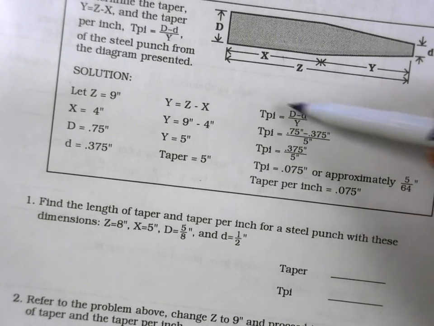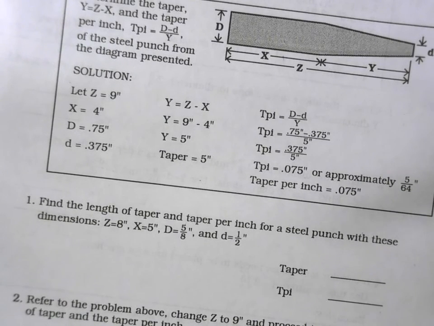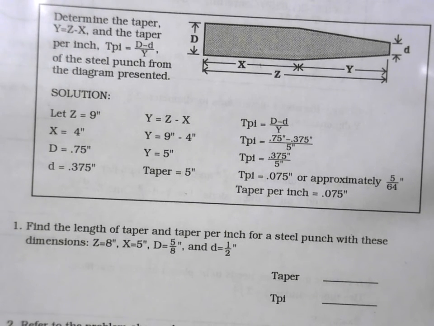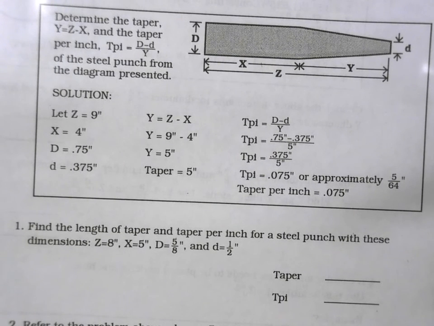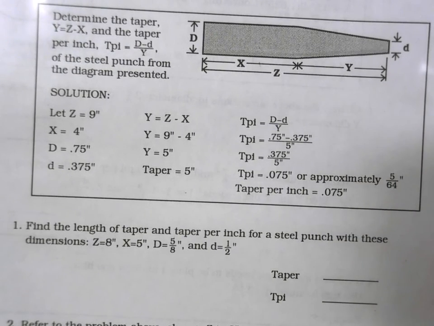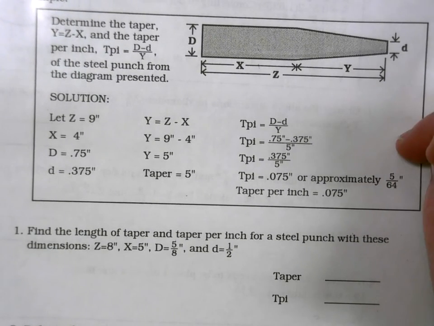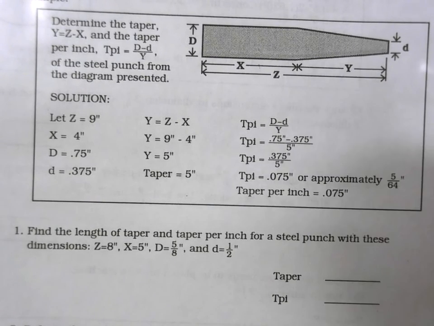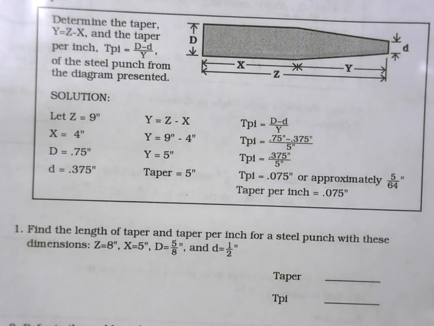That's what TPI stands for, taper per inch. I'm not going to work this one out for you because it looks like you're working on the other ones. So if you decide you need help with these two, come see me and we'll talk about how this worked.